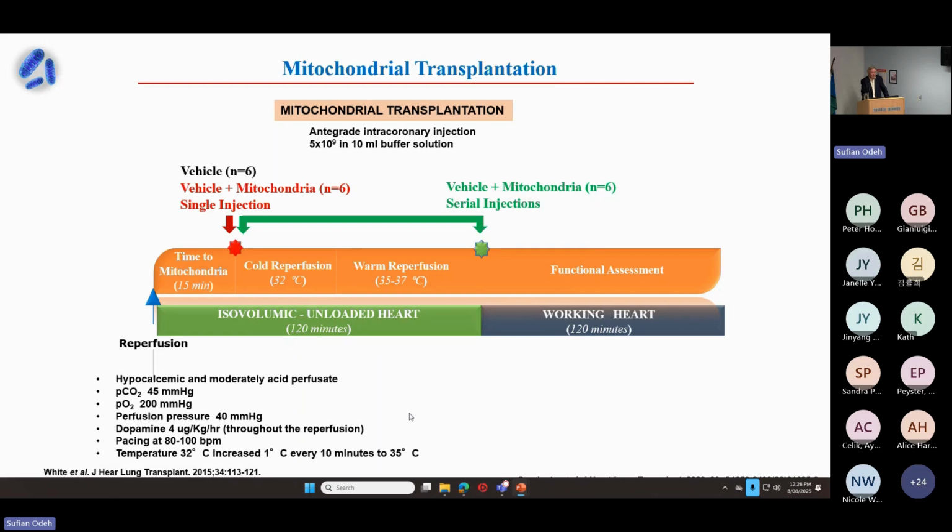Dopamine, we did a constant infusion of 4 mg per kg per hour throughout the perfusion. And we paced it when necessary, 80 to 100 beats per minute. The temperature, we started off at 32, and then gradually increased it to 35, 1 degree every 10 minutes.